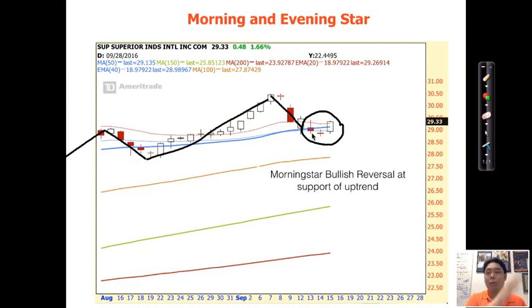In this case, at the end of a retracement. Okay, and it appears at the support of a moving average. So again, candlestick patterns should always coincide with moving averages or trend lines or support and resistance. Yeah. So you've got a bearish candle, gap down, small candle like a doji, gap up, bullish candle, boom, reversal going back up again.